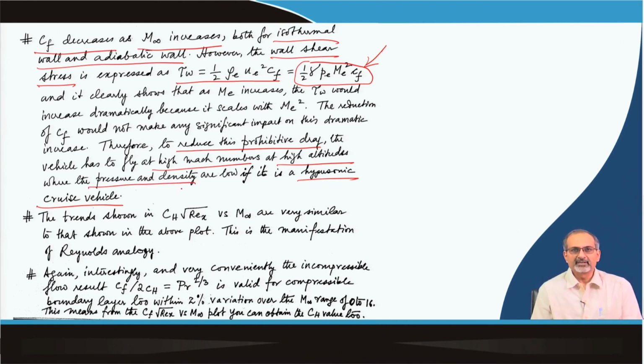The trends shown in Ch under root Rex versus Mach number would be very similar, as we already mentioned, due to the Reynolds analogy.